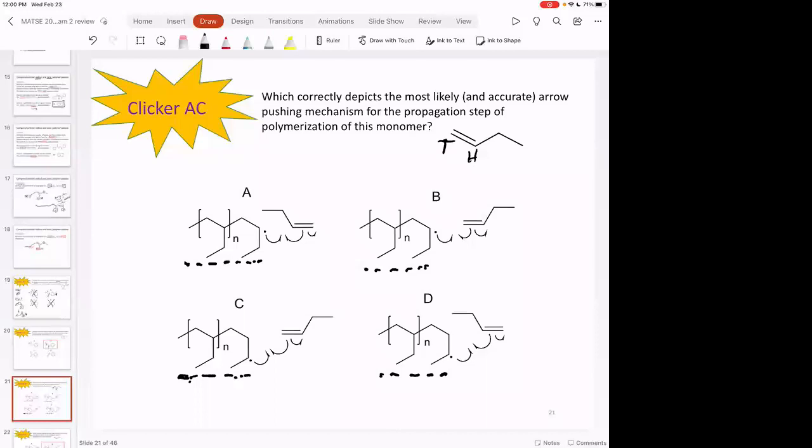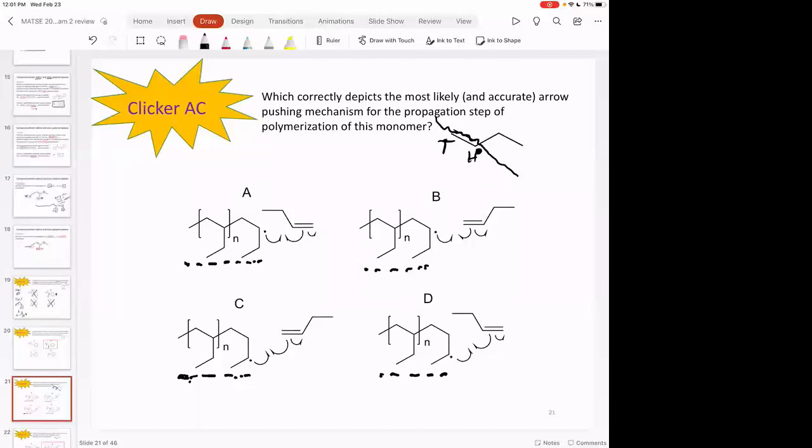And we could just think about this in terms of how do we get a polymer chain where we get the growing chain end on the head carbon. So we know the polymer chain goes through that double bond.